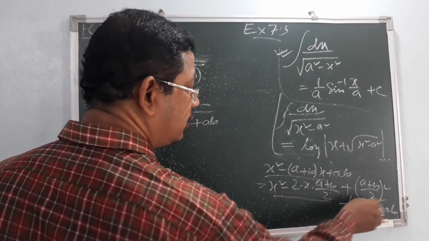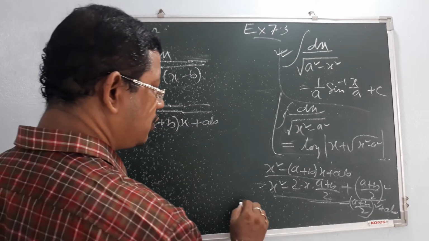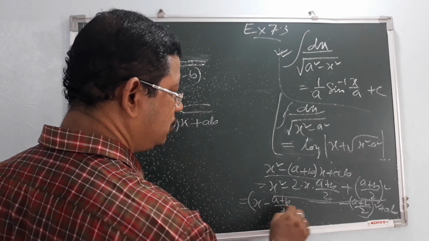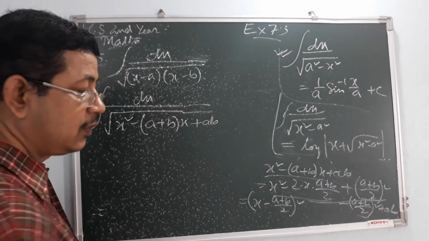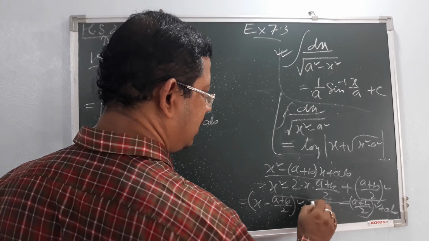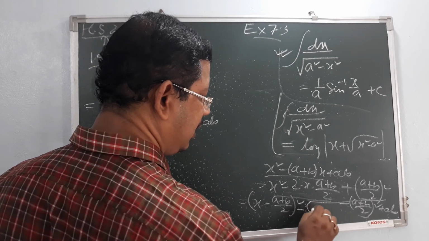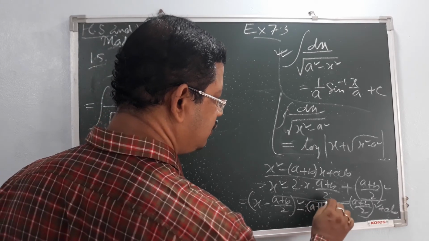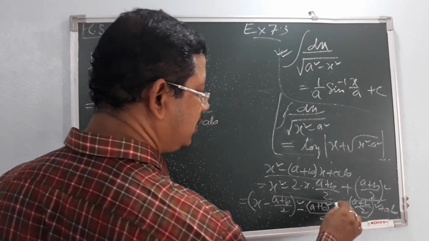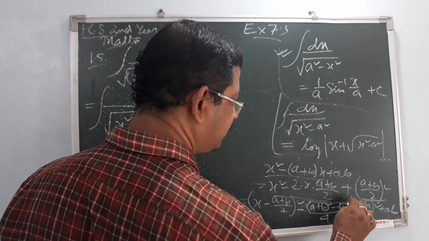This is our a minus b whole thing square formula, that is x minus a plus b by 2 whole thing square. If I do the simplification of these things, then you see it is minus a plus b whole thing square by 4, and this will give minus 4ab.